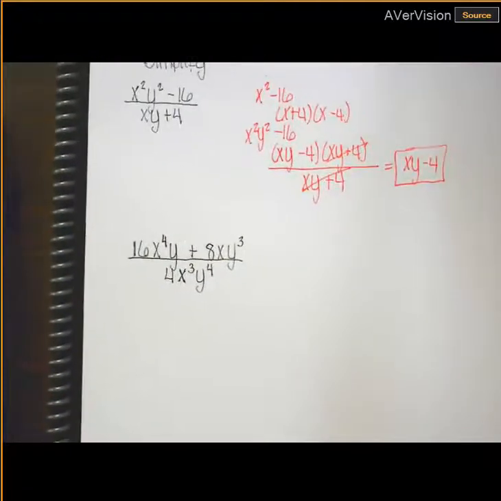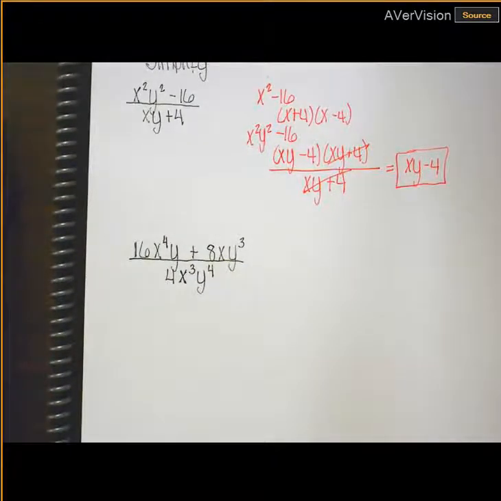All right, we have 16x to the fourth times y plus 8xy cubed divided by 4x cubed y to the fourth. And I want to simplify this. Ideas. When you learned about factoring, what was the first step?